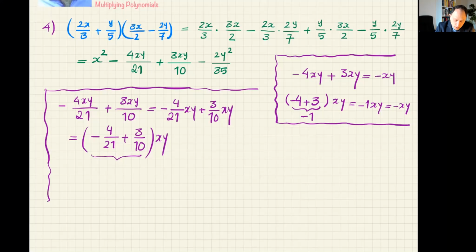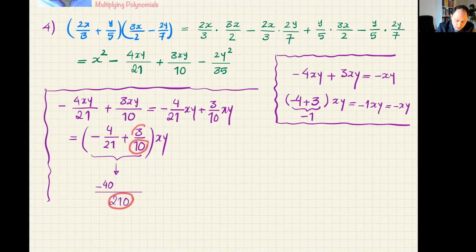Hopefully you know how to calculate this. You need to find the common denominator, which in this case is 210. And then you would say to yourself, 210 divided by this is 10 times. I multiply 10 here, but I have also a -1, so it becomes -40. And then this one divided by this is 21 times.